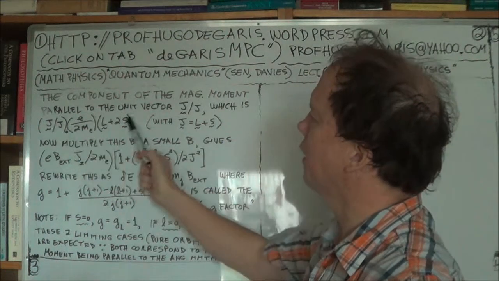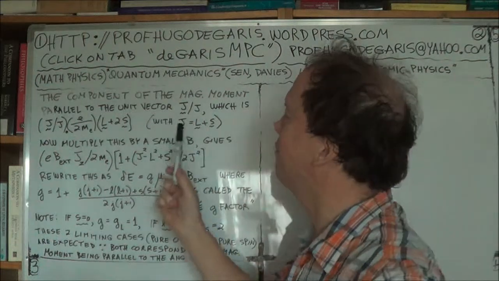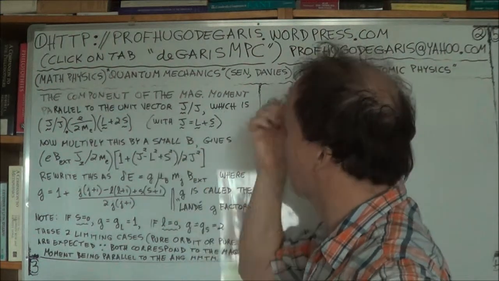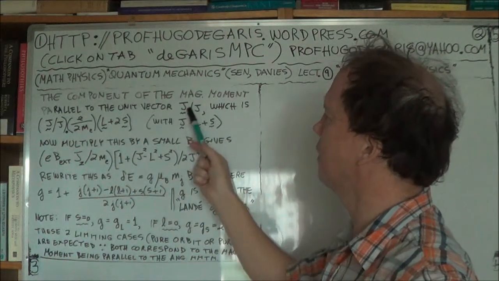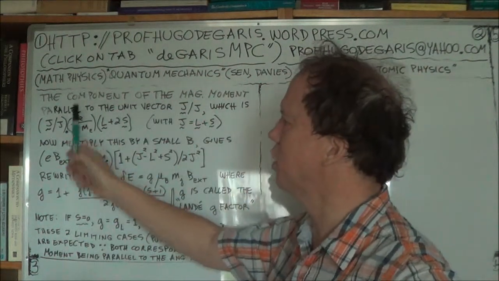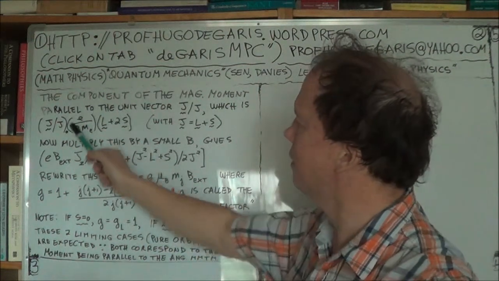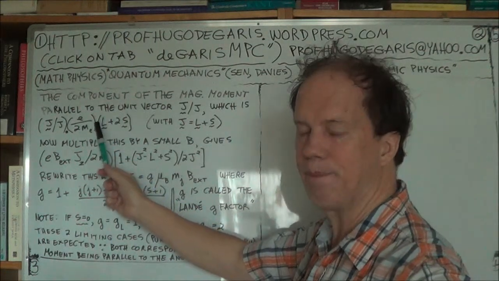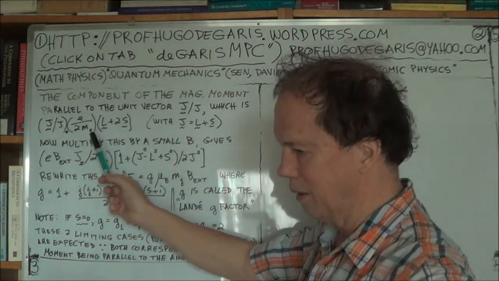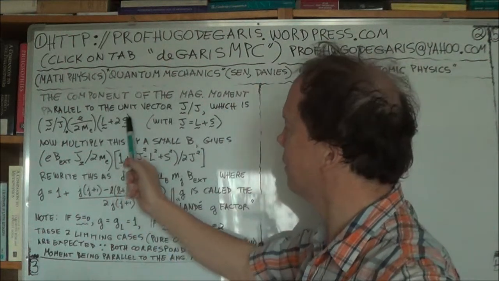So I've written out again here, my books fell down, the component of the magnetic moment that's parallel to this unit vector J, dot product. And here's your magnetic moment, the orbital angular momentum part and the spin part.